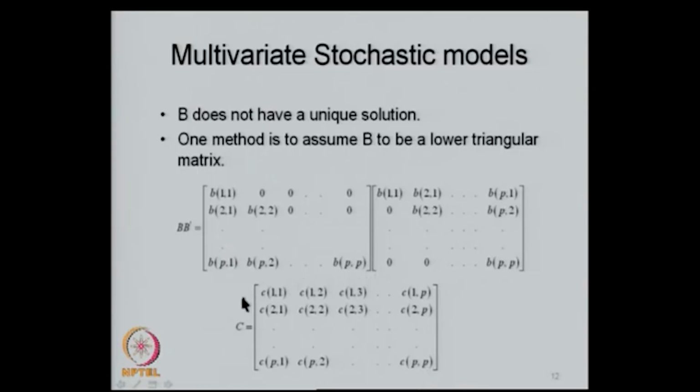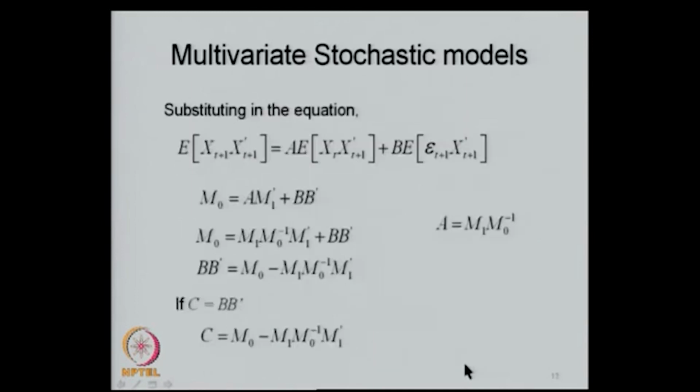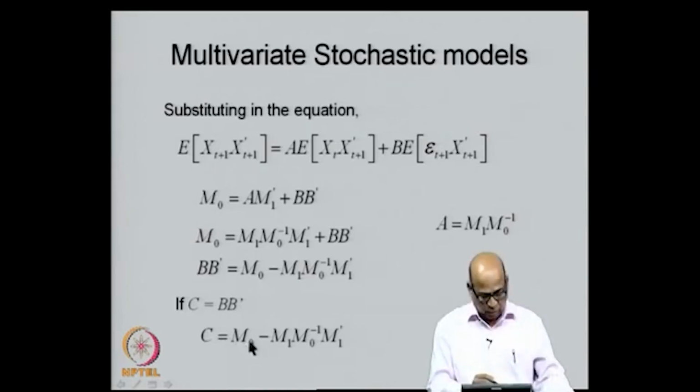The matrix C is completely determined from the data, because we know C as M0 minus M1 M0 inverse M1 prime. M0 is completely determined from the data, M1 is completely determined, therefore, M0 inverse can be got and M1 prime can be got, and therefore, the matrix C is completely defined.